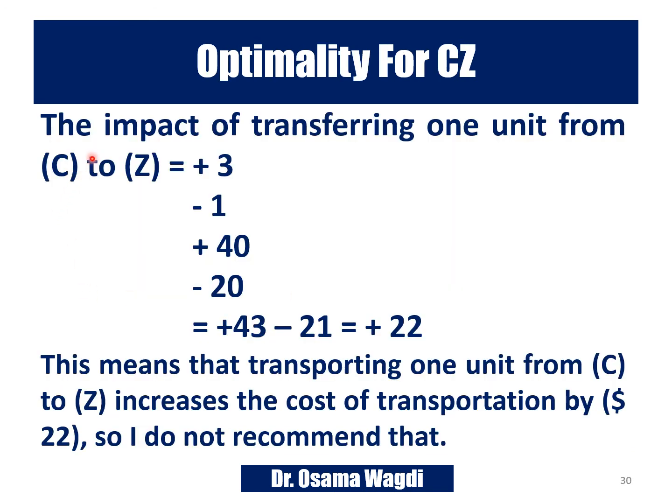Like I said, the impact of transferring one unit from C to Z equal plus 3 minus 1 plus 40 minus 20, come up with plus 22. This means that transporting one unit from C to Z increases the cost of transportation by $22. So I don't recommend that.